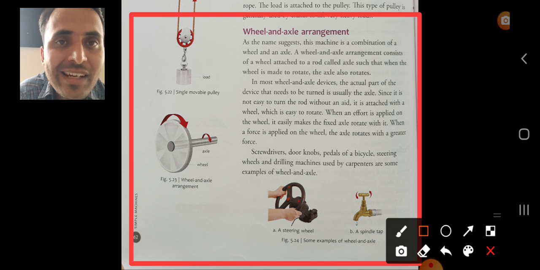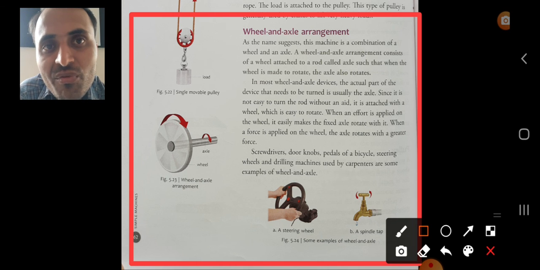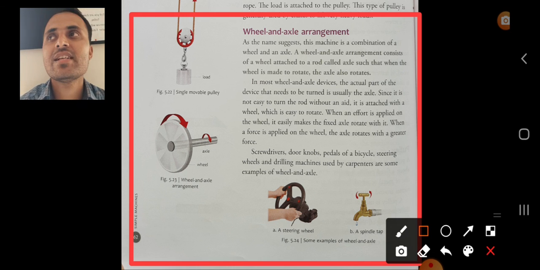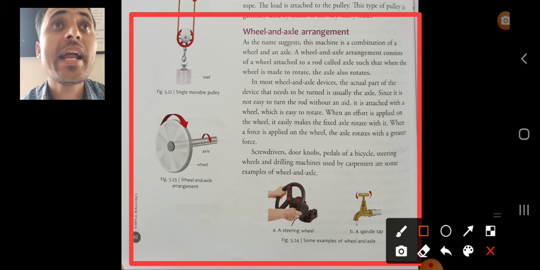If you have to take a right turn, then you have to move the wheel handle in the clockwise direction, so that the axle also rotates in the clockwise direction, and the two front wheels of the car will be moved in the right direction, and finally your car will reach the right hand side.